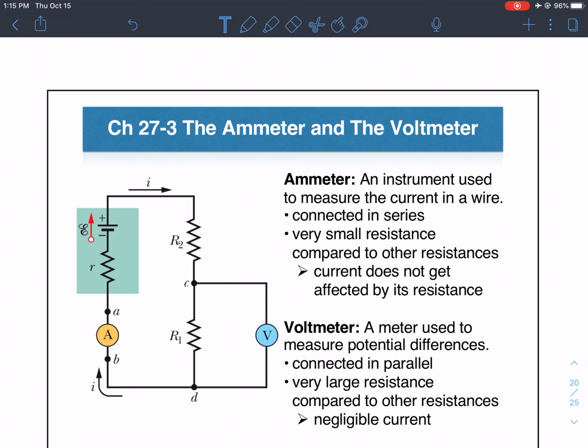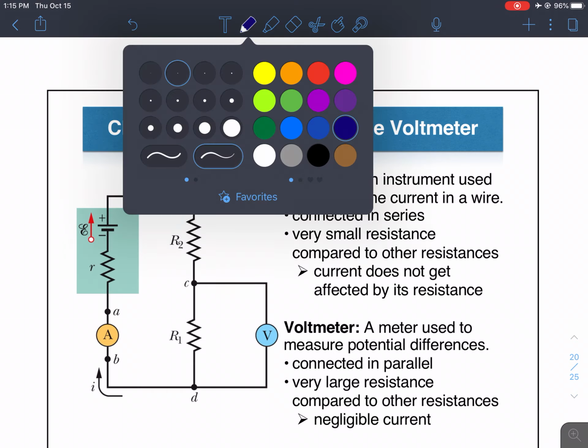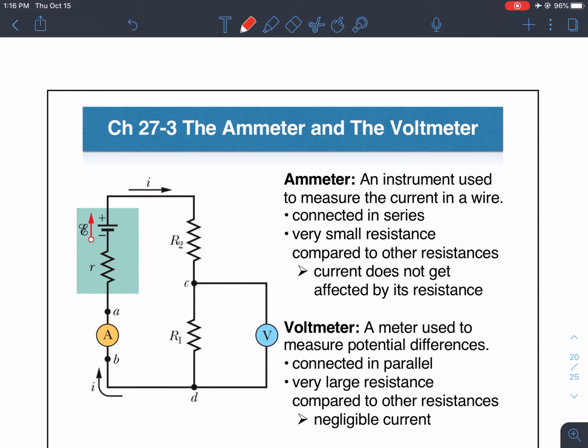It's important to know the connection and the concepts. For example, the current is through the circuit element, right? And voltage is across. So the words are important to really understand and to know how to measure as well.